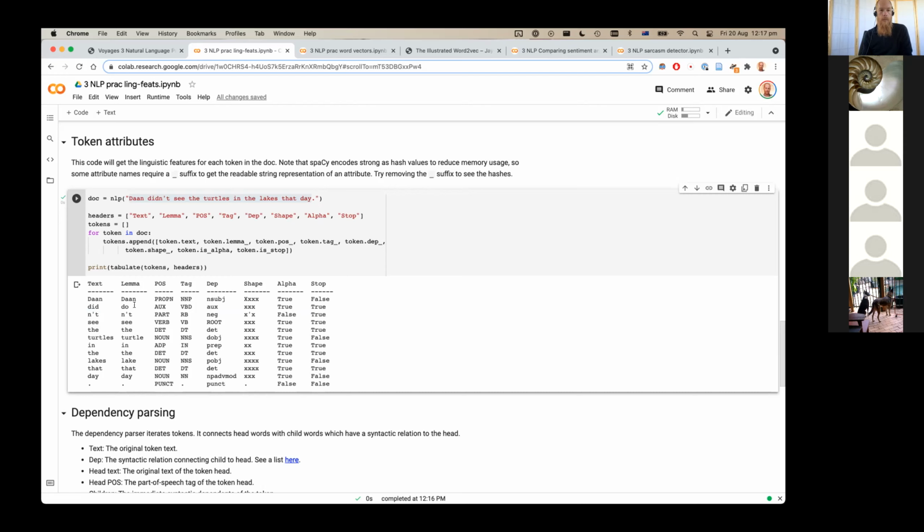And then in the second column, we have the lemma form of the original tokens, and that's pretty straightforward. The only major change there is that the plural noun turtles has been resolved to the singular noun turtle.